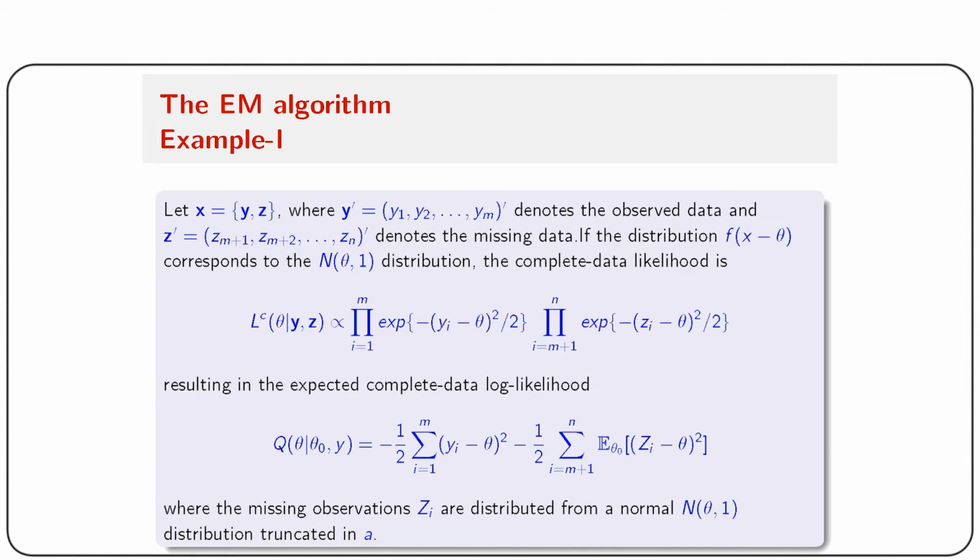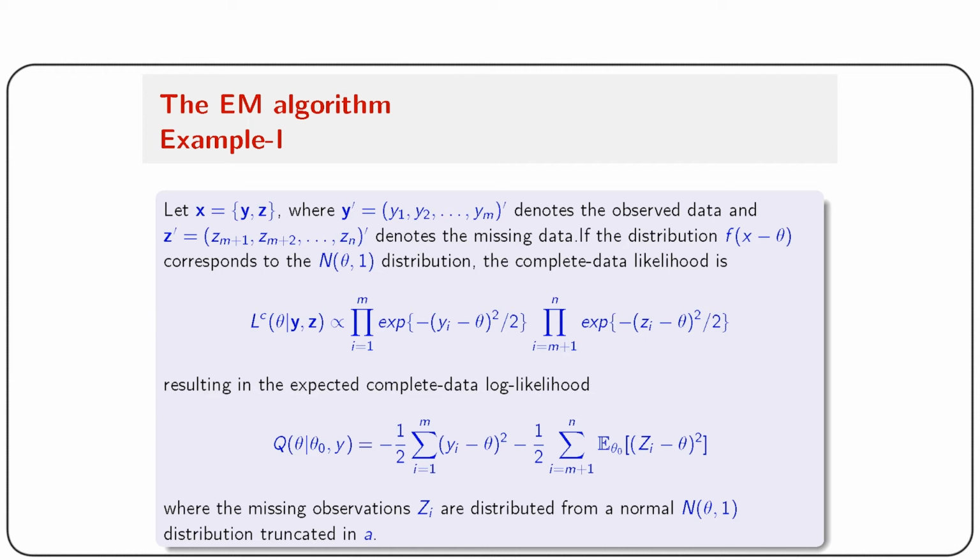An example will make the algorithm clear. Say let x equals (y, z), where y equals y1, y2, ... ym denotes the observed data, and z equals zm plus 1, zm plus 2, ... zn denotes the missing data. If the distribution of x given theta corresponds to a normal(theta, 1) distribution, the complete data likelihood is this.